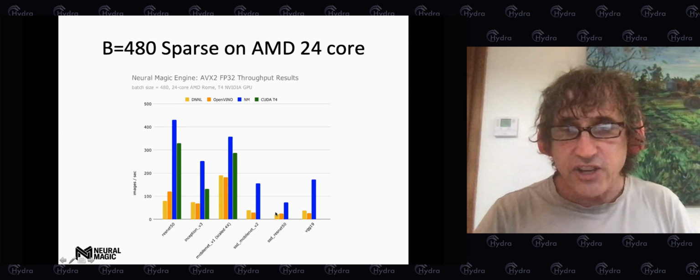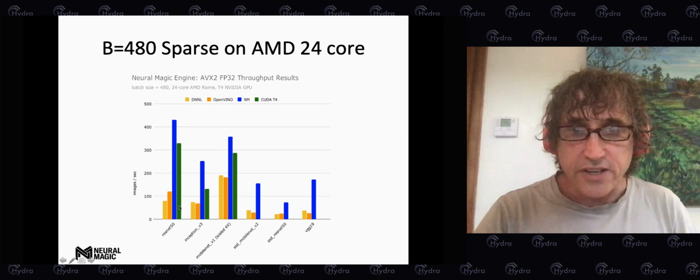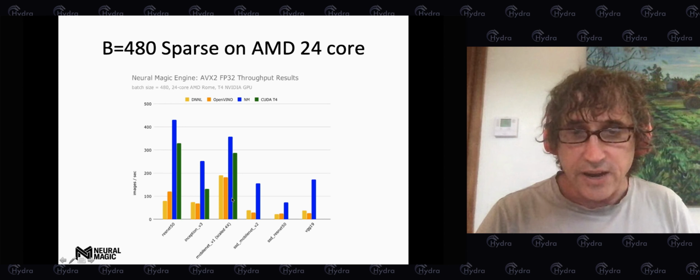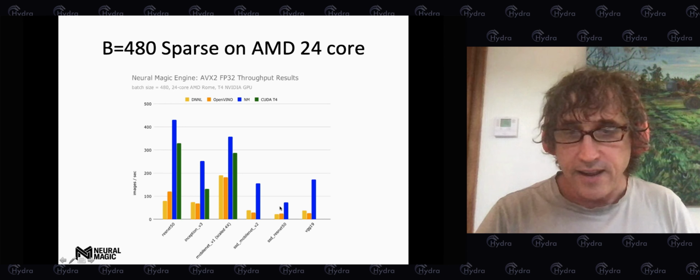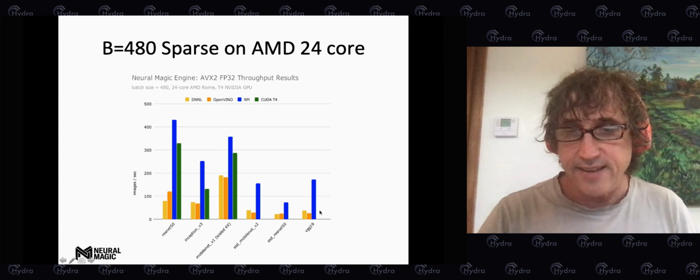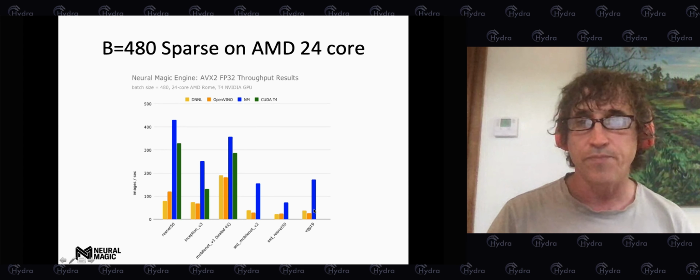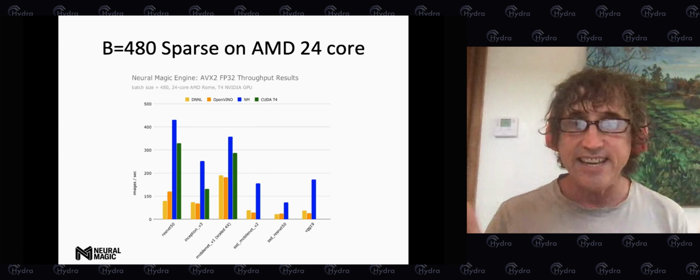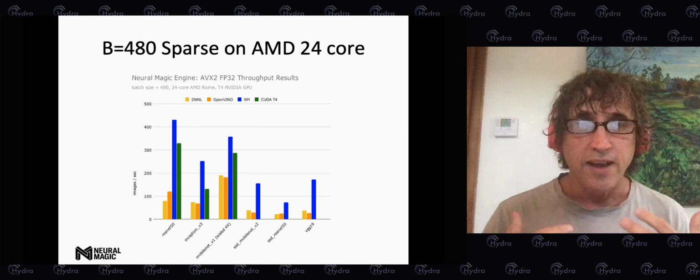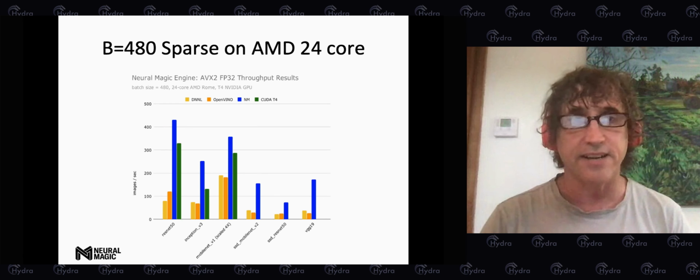I see the T4 here in these three networks, but at batch 480, the SSDs and the VGG19 actually crash out of the memory of the GPU. So those 16 gigs cannot hold batch 480 for some subset of networks.